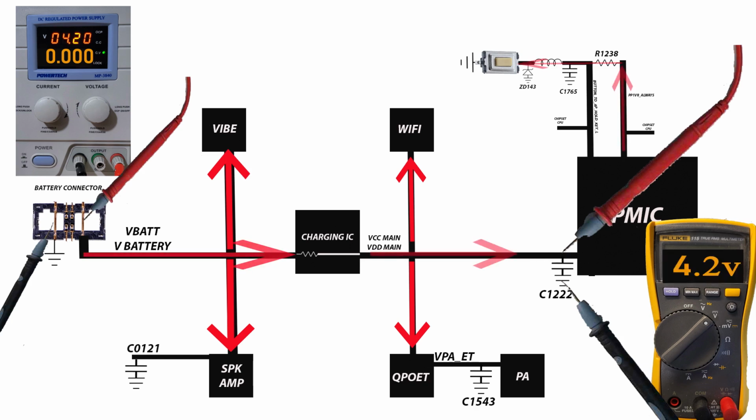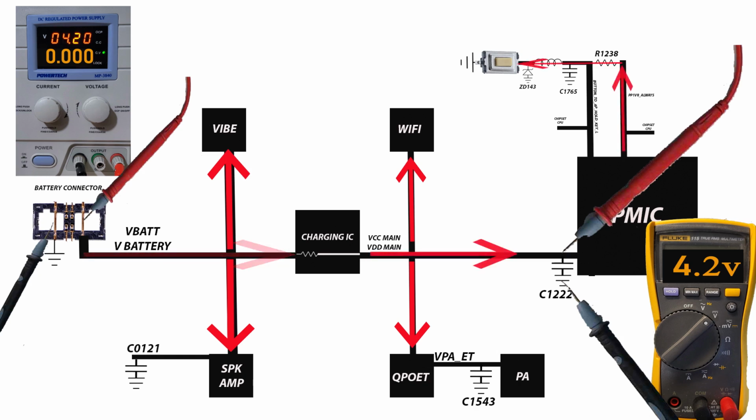Now at this time the DC power supply or battery needs to be connected to the battery connector. If, for example, the DC power supply is 4 volts, and here is showing 4 volts in there, that means voltage without any issue comes to the PMIC.